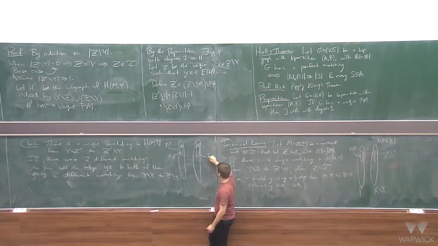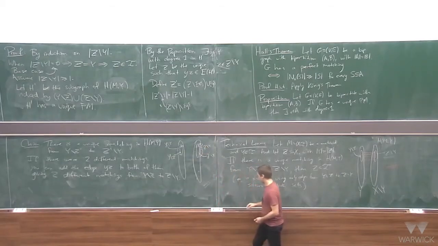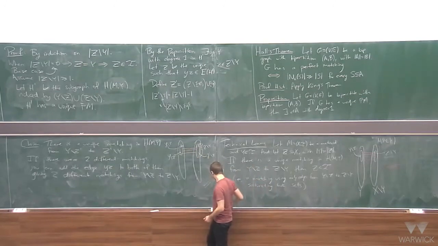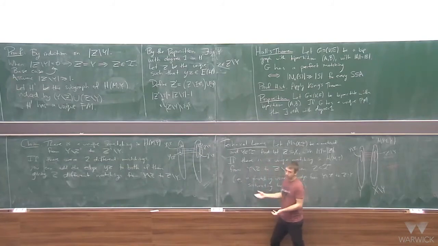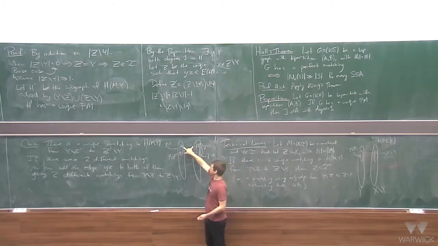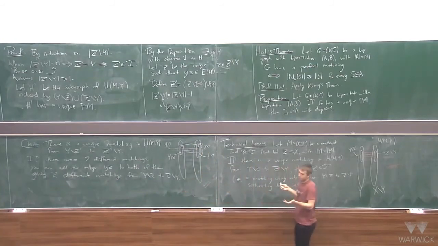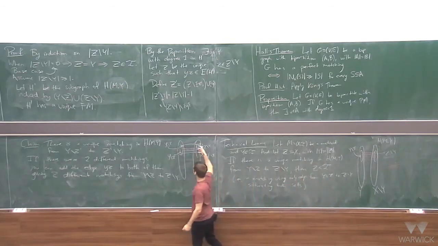This is Z prime minus Y. This whole set is Z minus Y. Basically, if I was able to find two different matchings going from here to here, then I would just stick in this edge. So I know that there's an edge from y to z, and I would just use that edge to get two different matchings from this whole set to this whole set.